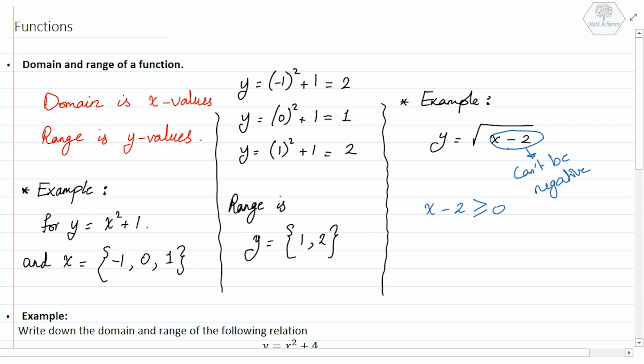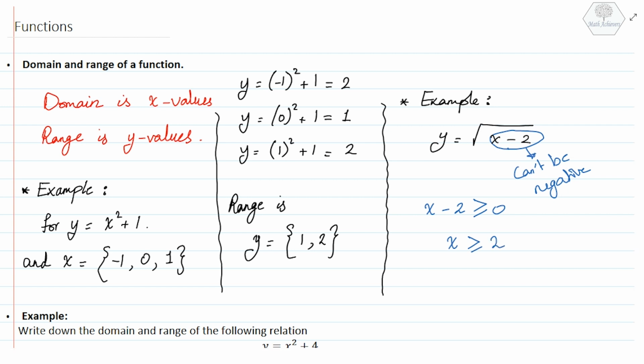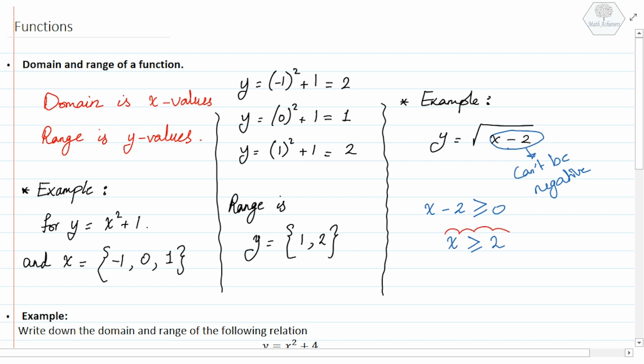Greater than or equal to 0. So the values of x must be greater than or equal to 2. So by this, I can find out my domain for this function. This is the domain. The x values must be equal or greater than 2.